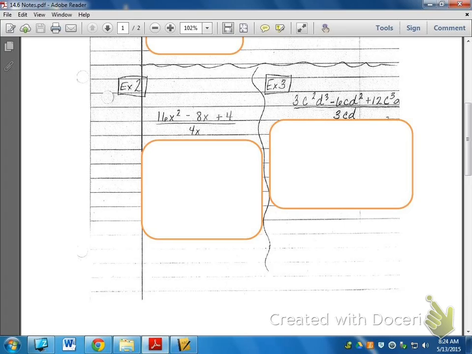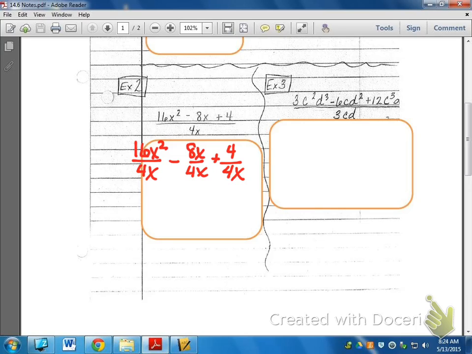So what you're probably going to do from your computer to your paper, I wouldn't write what's there originally. I would go ahead and set it up just like this. You would write for this one 16x to the second over 4x minus 8x over 4x plus 4 over 4x.